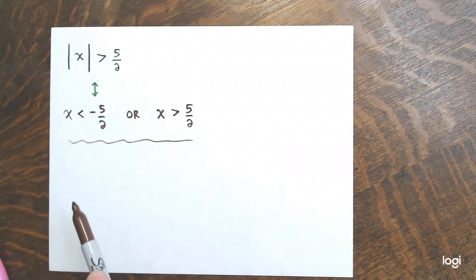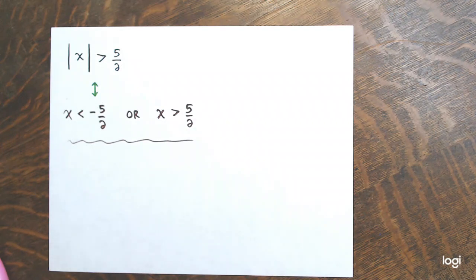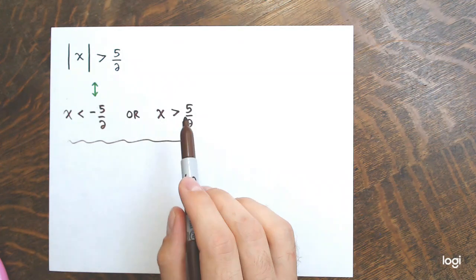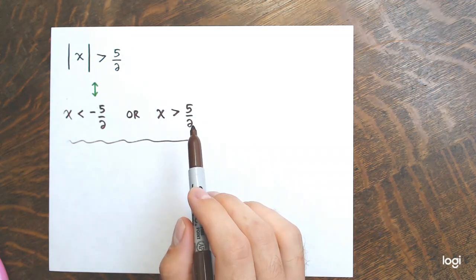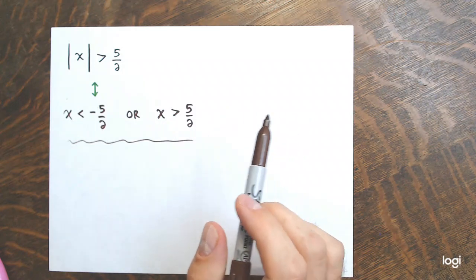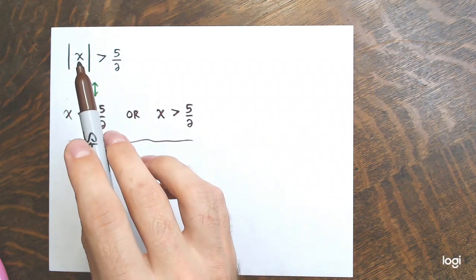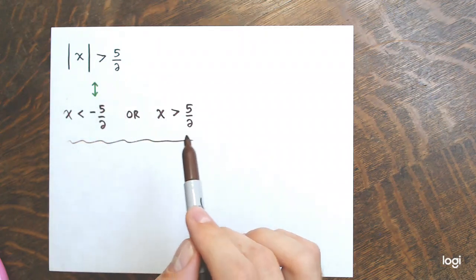That works, and it should work for any number you pick that's less than negative 5 halves. Then try the other ones. These numbers are also solutions: x greater than positive 5 halves. So pick a number greater than 2.5, like 3, 4, 5, 6, 7. Plug in 7 for x. The absolute value of 7 is 7. 7 is indeed greater than 2.5. Those work too.